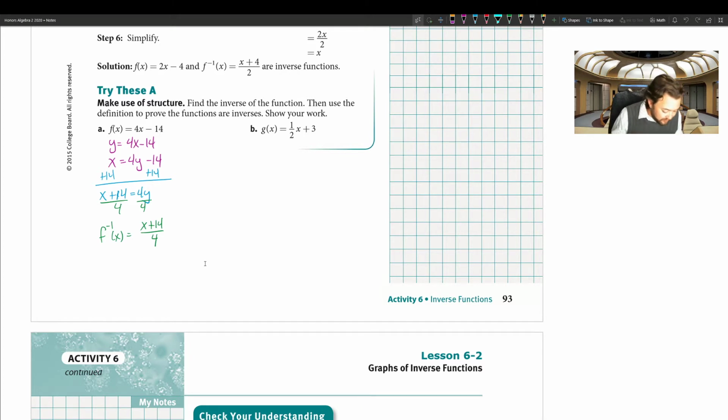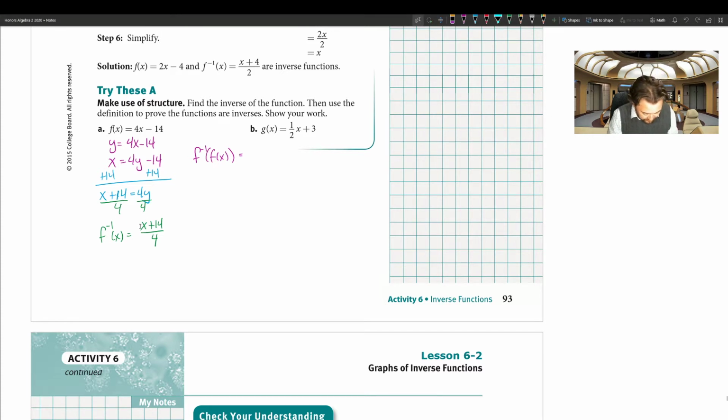First I'm going to check the second condition I wrote up there, which is the inverse function being the input: f inverse into f of x. We take our inverse function, x plus 14 over 4, and plug the 4x minus 14 into this x here.